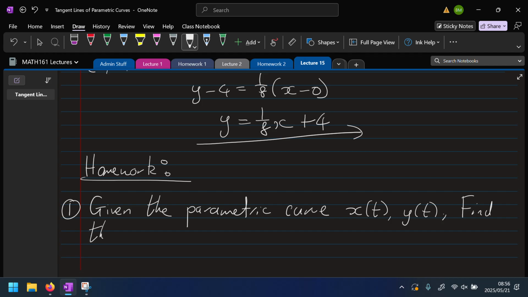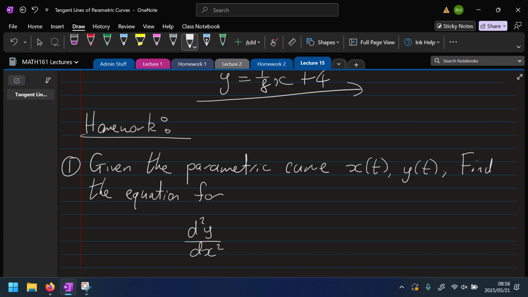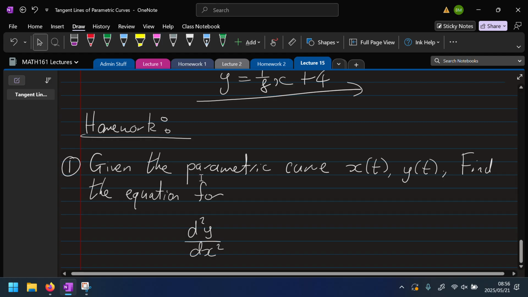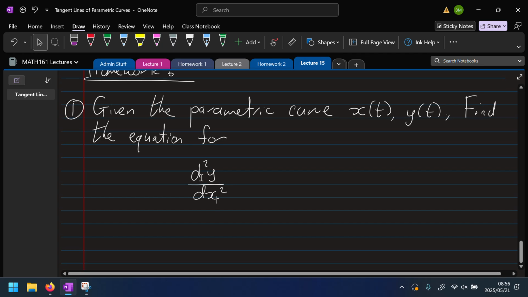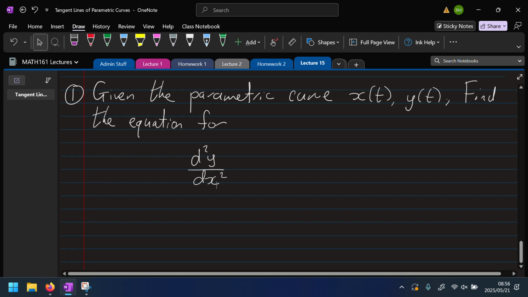Find the equation for the second derivative of y with respect to x. So we've done the example for dy by dx. That was the gradient for the tangent line. Now, do a similar thing, but for the second derivative. So what is that going to be? This will be in terms of x dot, y dot, x double dot, y double dot. You'll have a look at that.